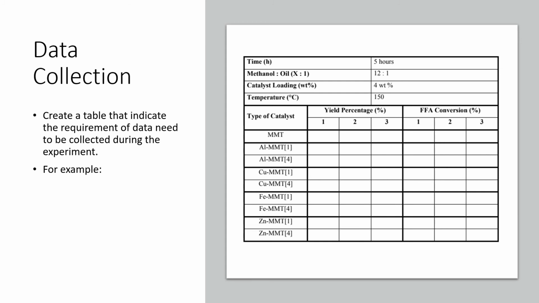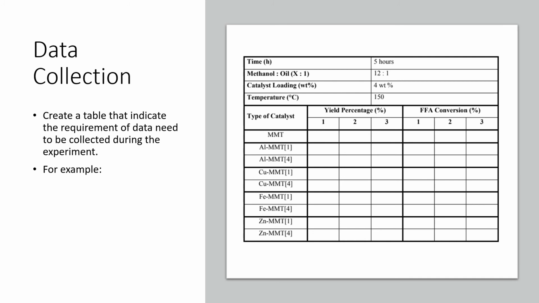Okay, next. When you do the experiment, you already know what data you need. You buat eksperimen, you must know lah what data you need. Apa result yang you nak nanti. For example, for this one is for the biodiesel production. So the data that they need is yield percentage and FFA conversion. For example, this is the condition for the time, methanol to oil ratio, catalyst loading and temperature.